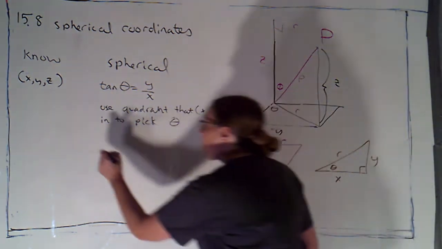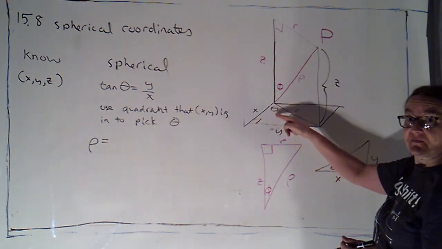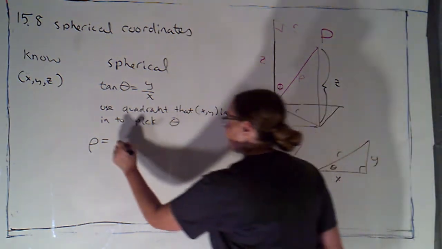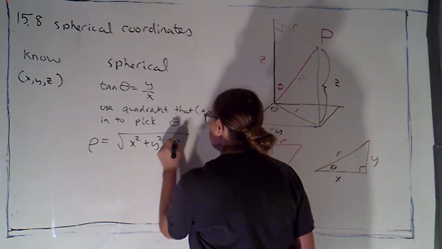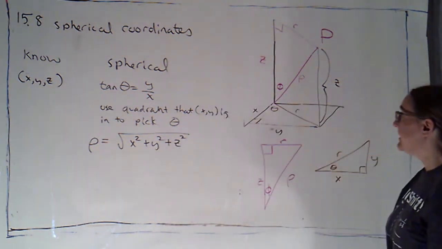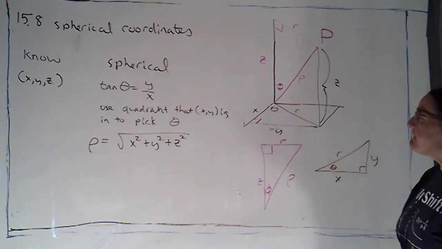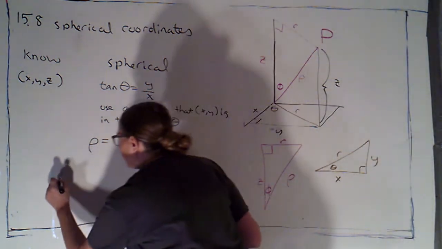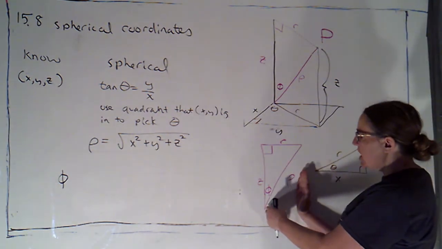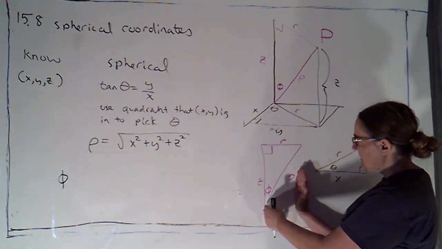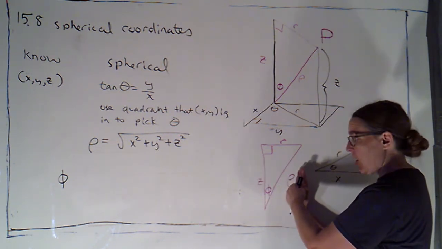Okay. All right, rho, well, that's just the distance from the origin. I know the distance formula, so that's just the square root of x squared plus y squared plus z squared. That's fairly nice. Okay. And if we look at phi, what we had said previously was that cosine of phi was z over rho.